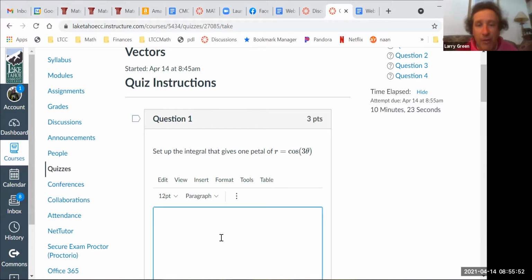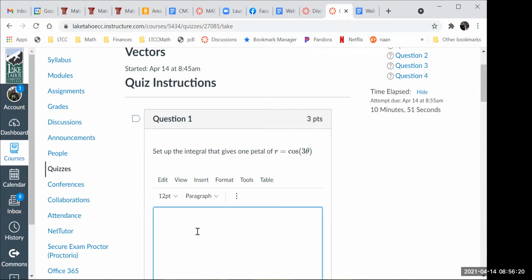So we had a formula for the area of a region, and that was 1/2 the integral of r squared d theta. And we need to find out what a and b are. So how do we find out what a and b are for the one petal?